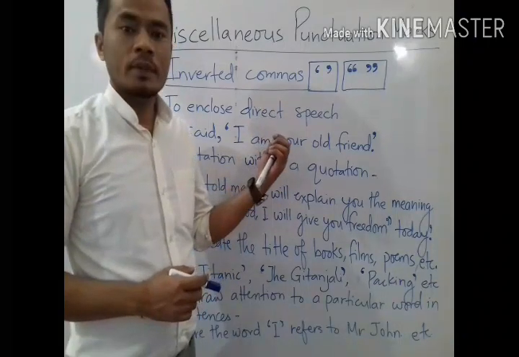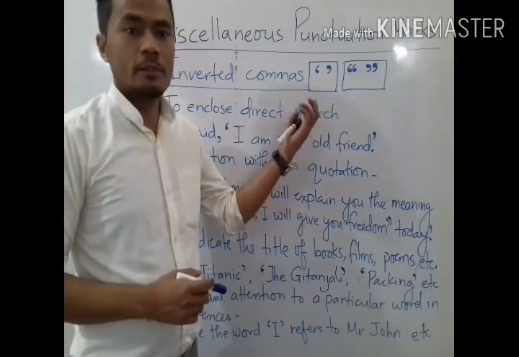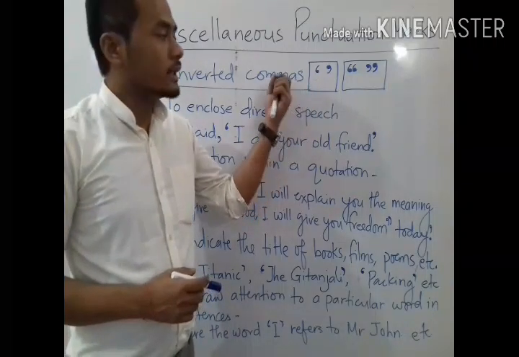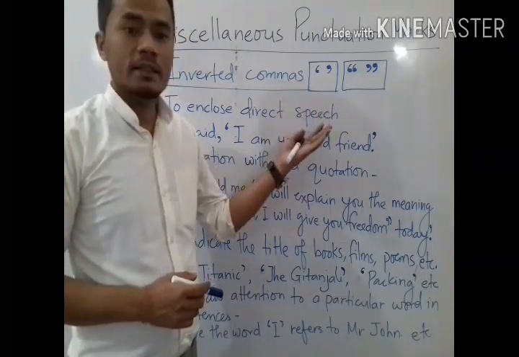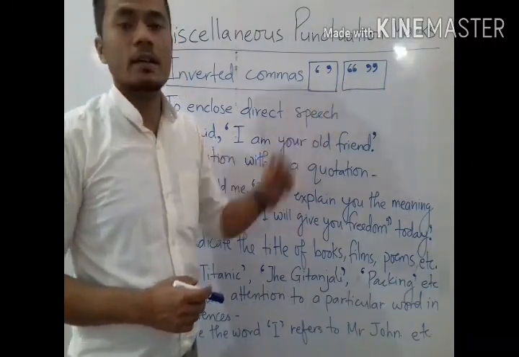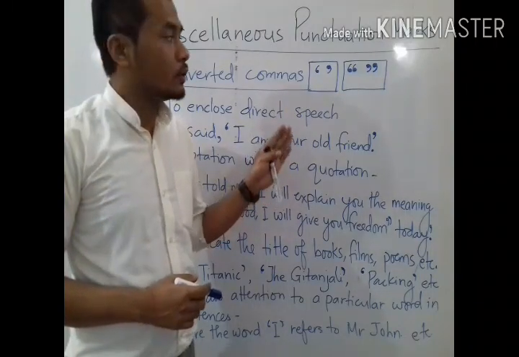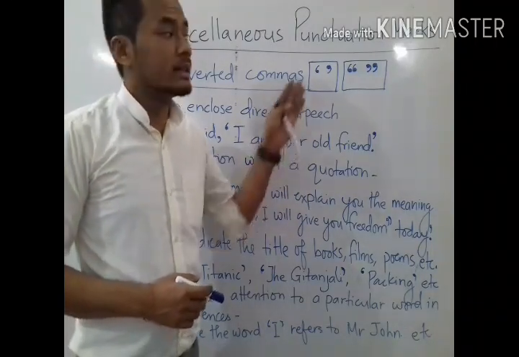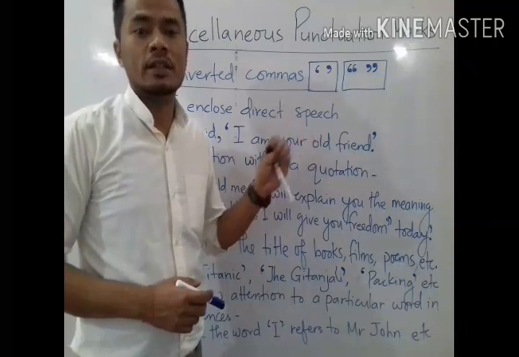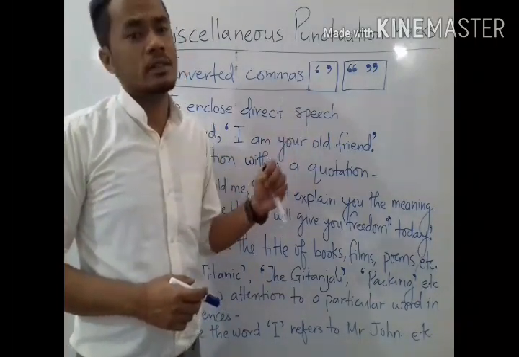Mostly British English uses single inverted commas and American English uses double inverted commas. But there are some conditions in which we have to use both single and double inverted commas in a sentence. So what are all these conditions?